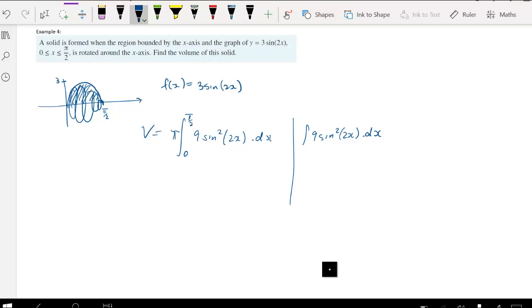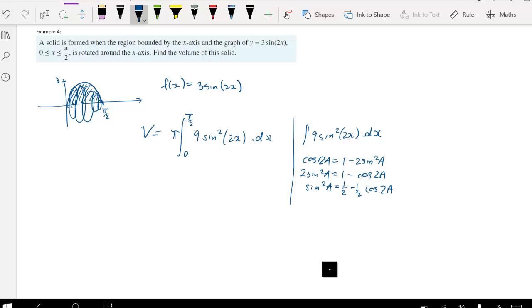So if we consider cos 2a is equal to 1 take 2 sine squared a, then 2 sine squared a is equal to 1 take cos 2a, and sine squared a is equal to 1/2 take 1/2 cos 2a.